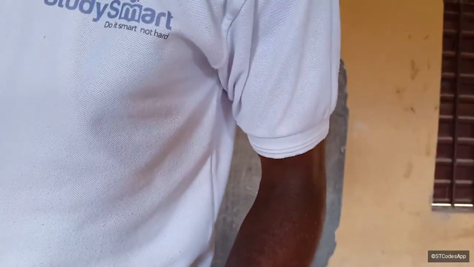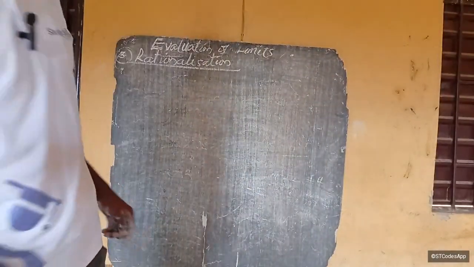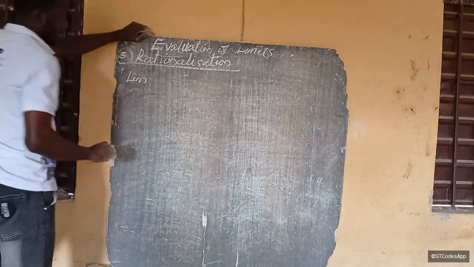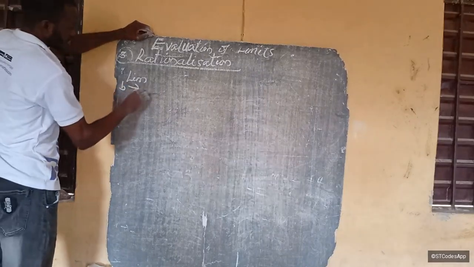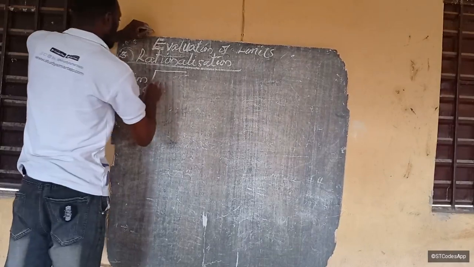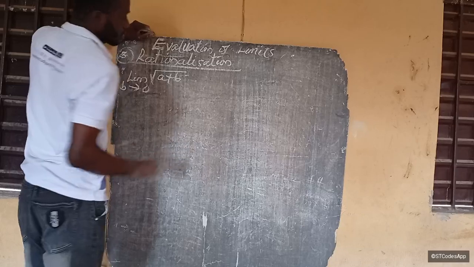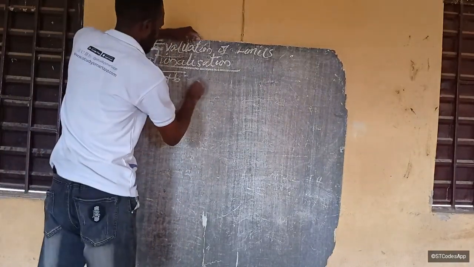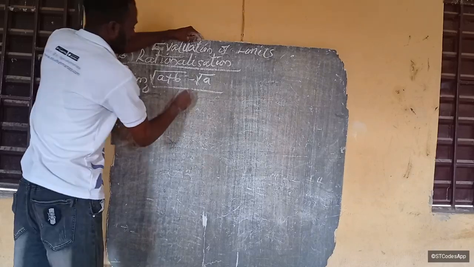There's a question here which says the limit as x tends to 0, or as b tends to 0, of root a plus b minus root a, all over b.